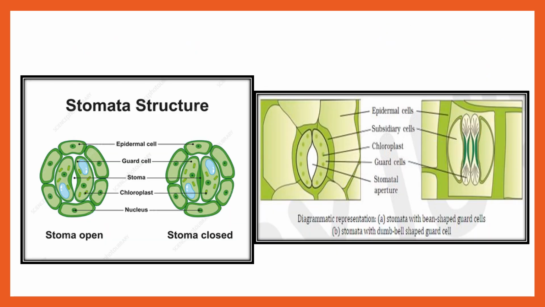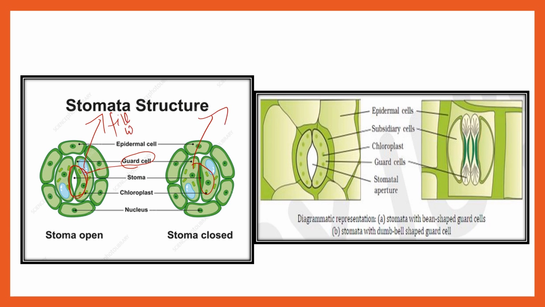Now you can see that they are guarded by cells which are called the guard cells. Okay. So when these guard cells are filled with water, full of water, they are swollen, which makes the stomata open. But when the guard cells lose water, they lose their turgidity, and the stomata closes.